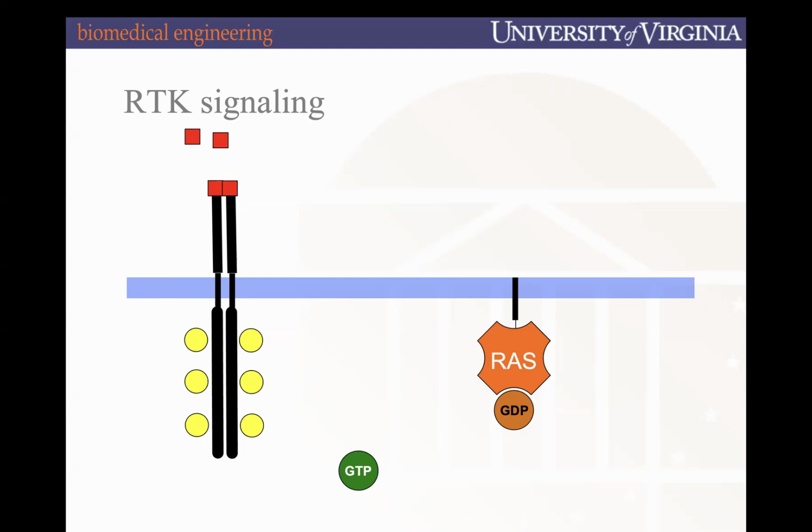The way in which that happens here is we have this other protein called SH2, Src homology 2. There's a whole family of Src proteins.